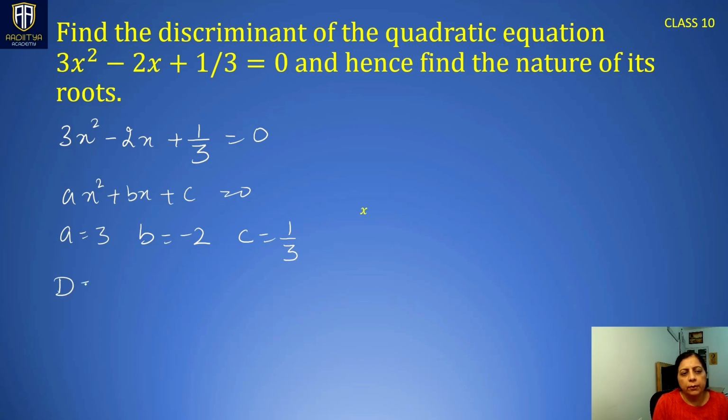So the value of d becomes b square minus 4ac. b here is negative 2 square, minus 4, a is 3 and c is 1 by 3. So finally we have minus 2 square is 4, minus 4 times 1 is 4, that is 0.